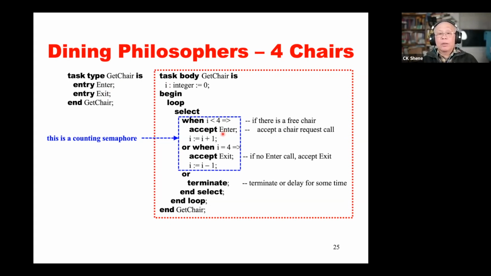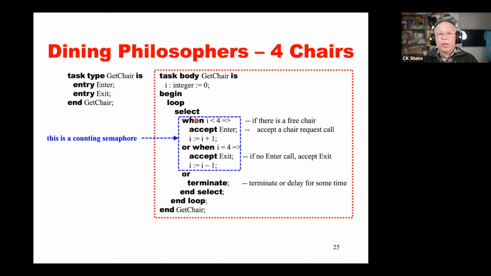Again, add 1 to I. Or if the value is equal to 4, it means all chairs are gone. Then we can only accept exit. Even though someone tries to call enter, because its guard is false, we can only accept exit, and those who call enter will be blocked. So in this way, we implement the 4-chair version.